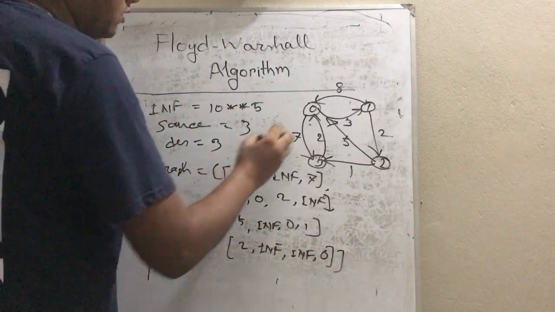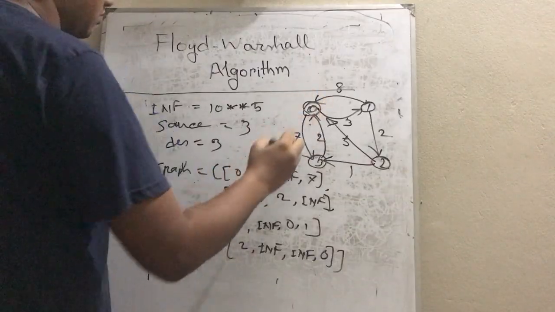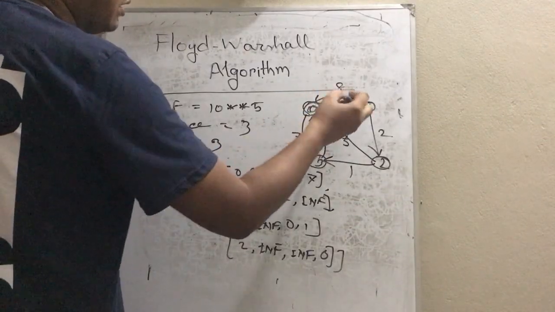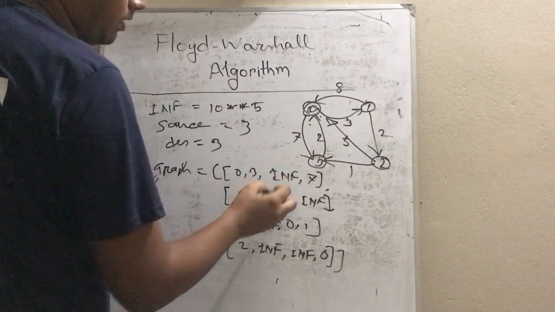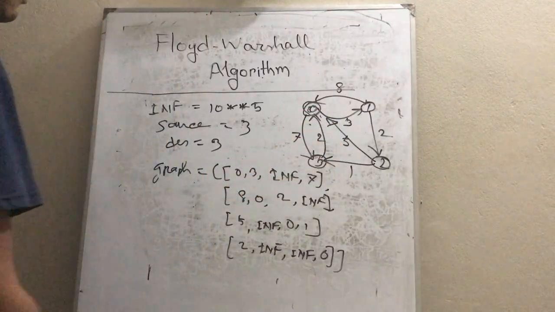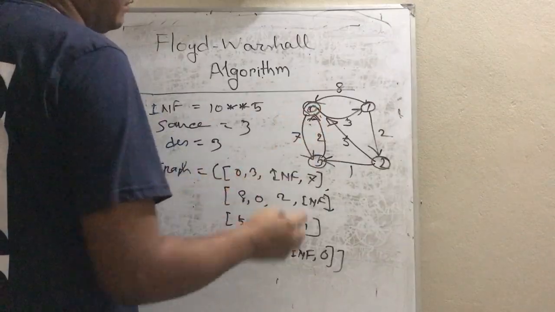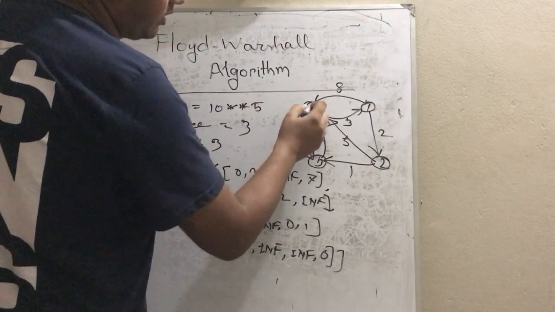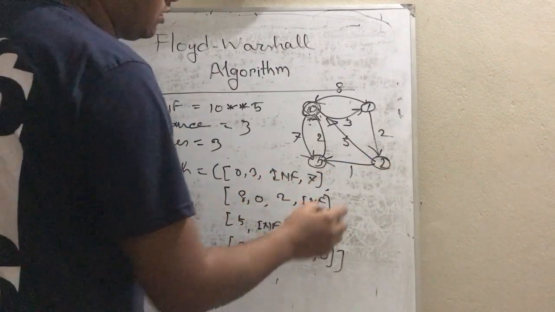So from 0 to 0, the distance is 0 because we are already at 0. From 0 to 1, the distance is 3. 0 to 2, there is no direct connection between 0 and 2, so initially it is infinite.